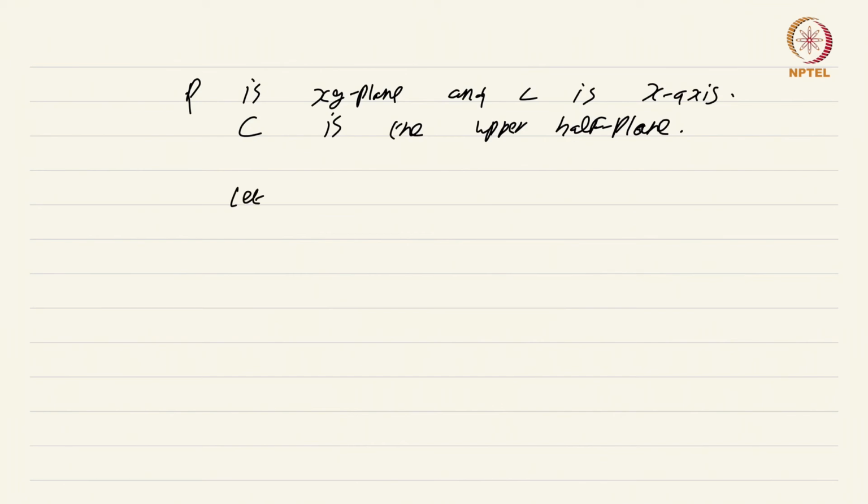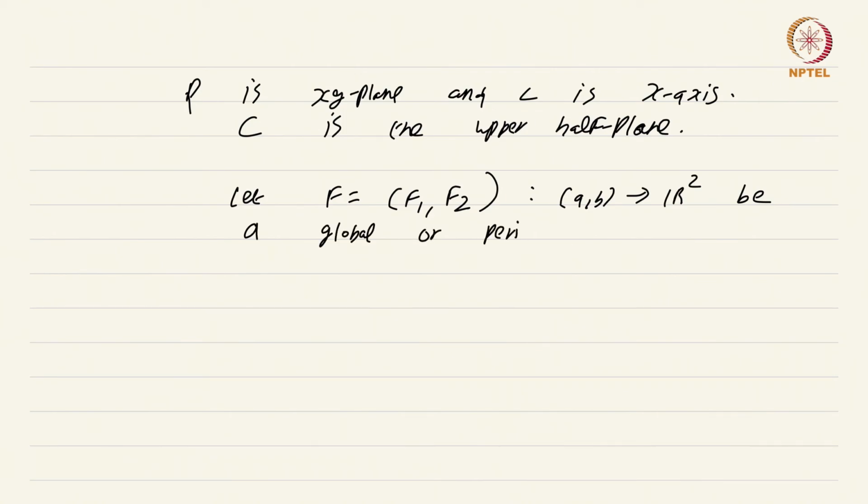So this is as follows. Let f equal to (f1, f2) from (a, b) to R2 be a global or periodic parameterization of C. In case this is a periodic parameterization, a and b would be minus infinity and plus infinity.